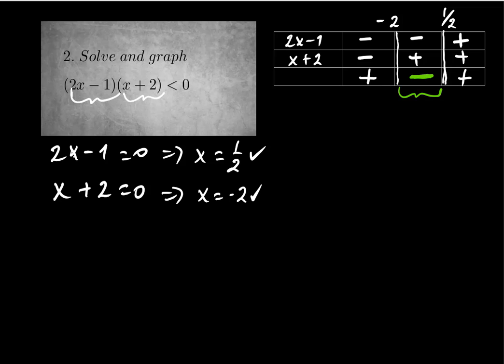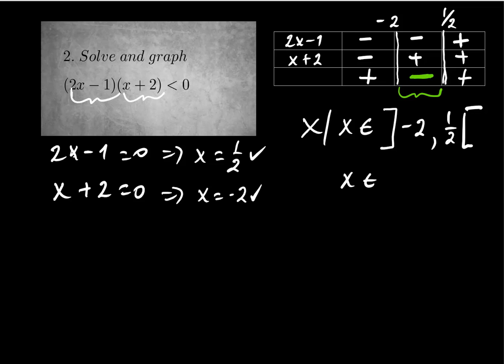So we would say the solution is x belonging to the interval -2 and 1/2, or in some other notations they would just say x belonging to -2 and 1/2.